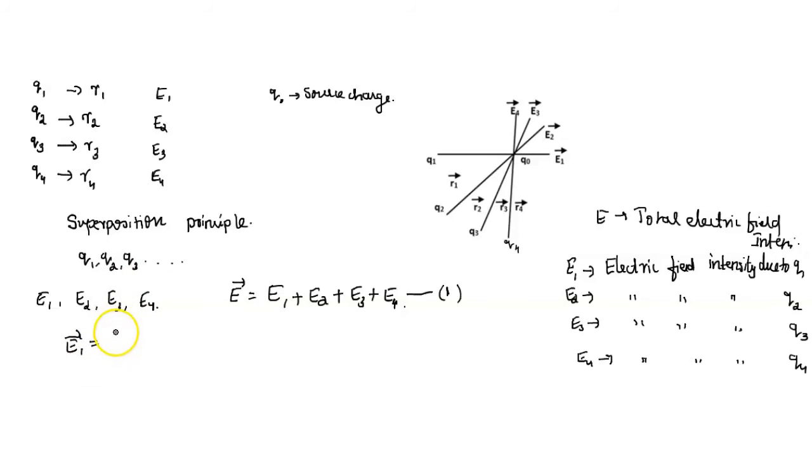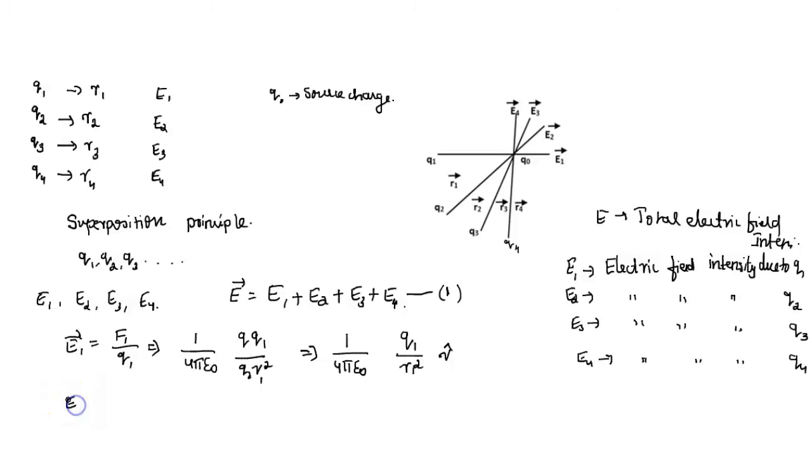So what is the equation to calculate E1? E1 is nothing but F1 divided by Q1. So that F value is 1 by 4 pi epsilon naught Q1 Q naught divided by R1 square, that is 1 divided by 4 pi epsilon naught Q1 divided by R1 square R cap.